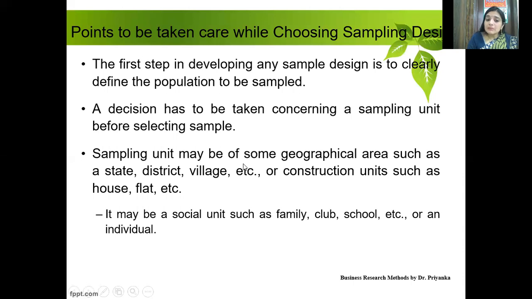The sampling unit may be of some geographical area, such as a state, district, village, etc., or maybe a construction unit such as a house or flat, etc. So again, you need to define the sampling unit first before selecting the sample, whether you are actually going to target individuals or some units, as in households, or maybe some companies, or maybe a city, right? It may be a social unit such as a family, club, school, etc., or an individual.